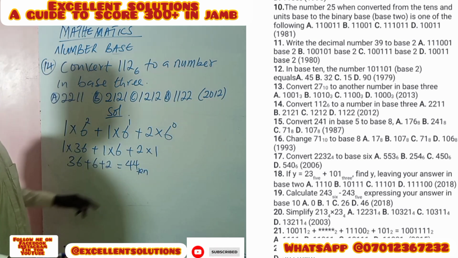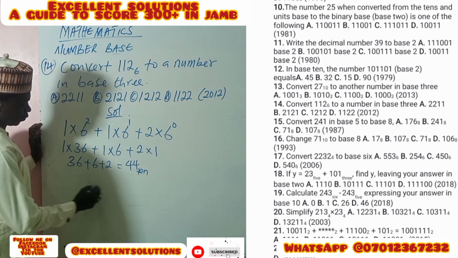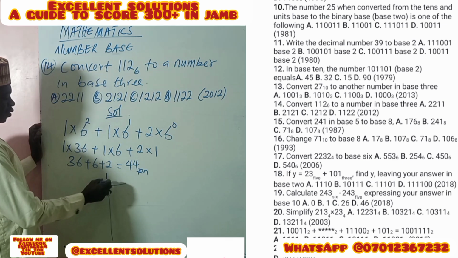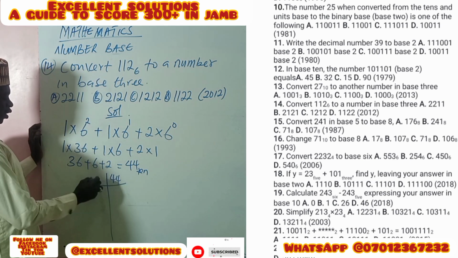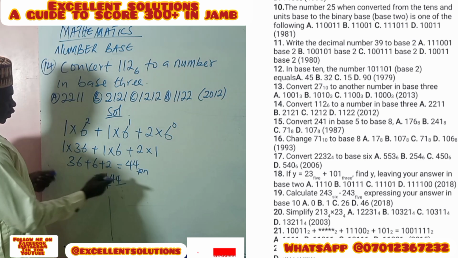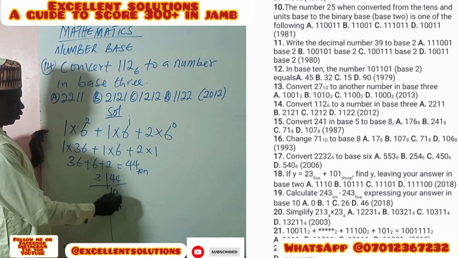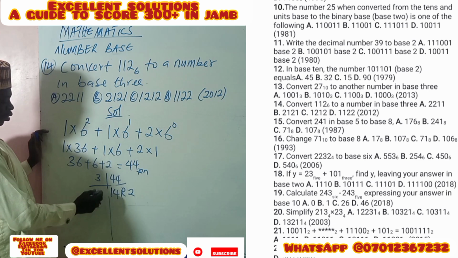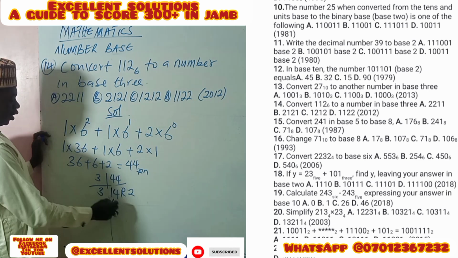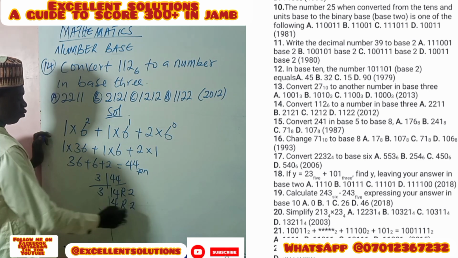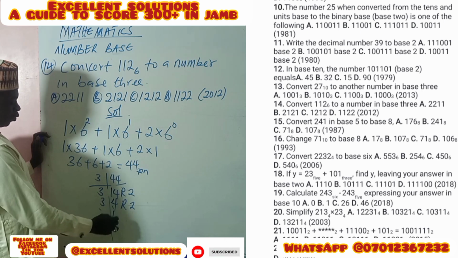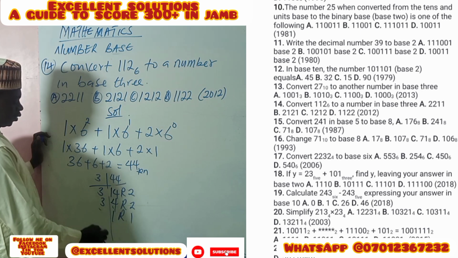So as we have this 44 in base 10, we convert 44 in base 10 to base 3. So 44 here, we divide by 3. 44 divided by 3, we have 14, remainder 2. This 14 divided by 3, we have 4, remainder 2. 4 divided by 3, we have 1, remainder 1.